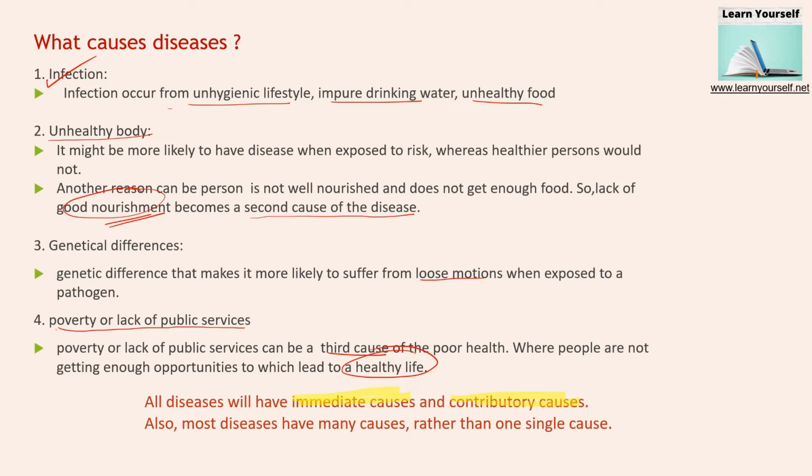Most diseases have many causes rather than one single cause. So it is not specific that because of any one particular thing you got that disease. There can be many reasons, and the reasons will vary as per the situation, like the immediate cause or certain contributory causes.